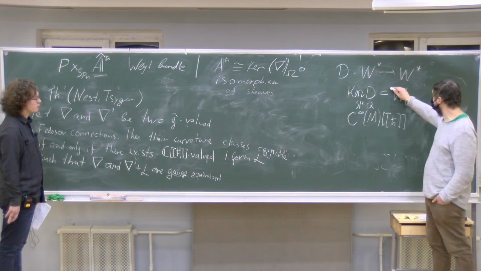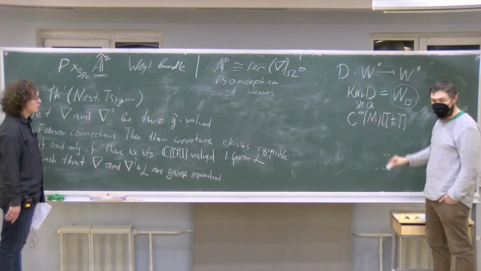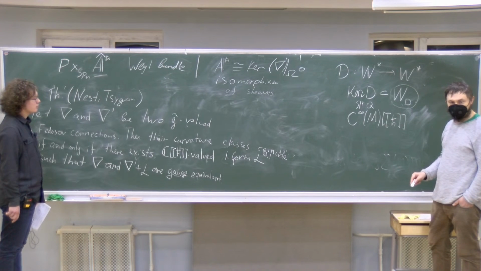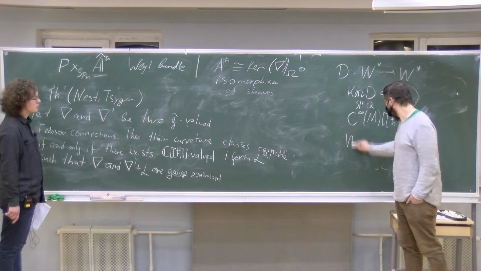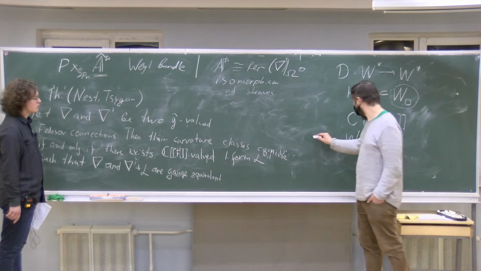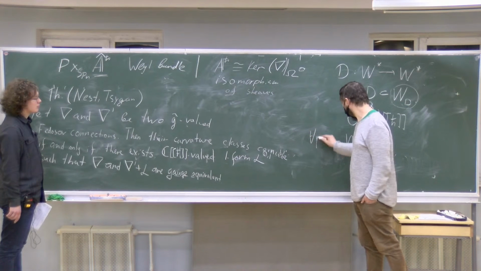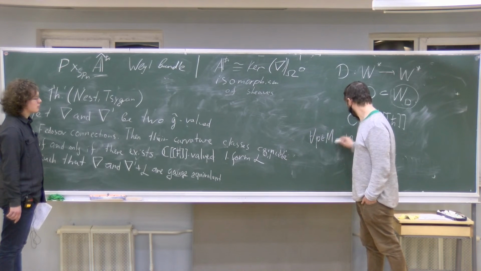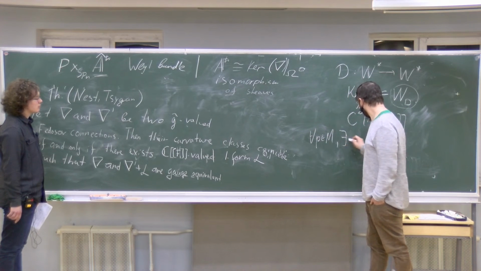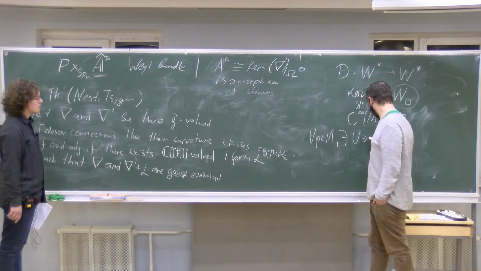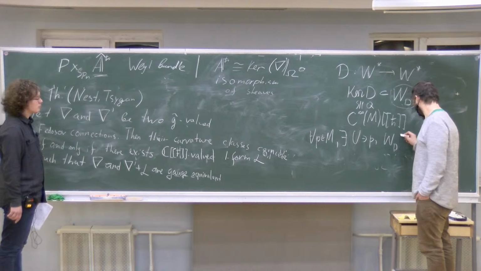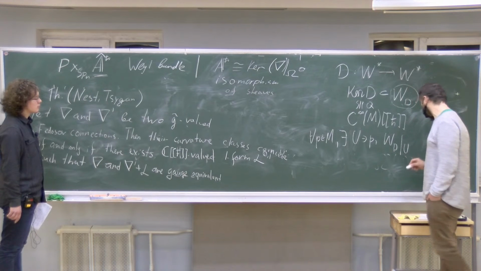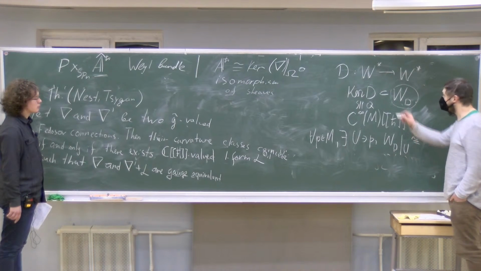Now, one of the properties of Fedosov quantization was that locally, for any point in the manifold, there exists an open set around this point such that the restriction of W_D to this open set will be isomorphic to the Weyl algebra.